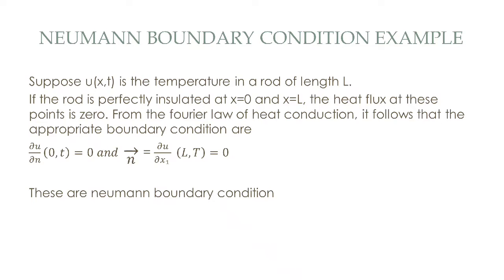It follows that partial u over partial x of u of 0, t equals 0 and partial u over partial x of capital L, t equals 0. These are the Neumann boundary conditions.